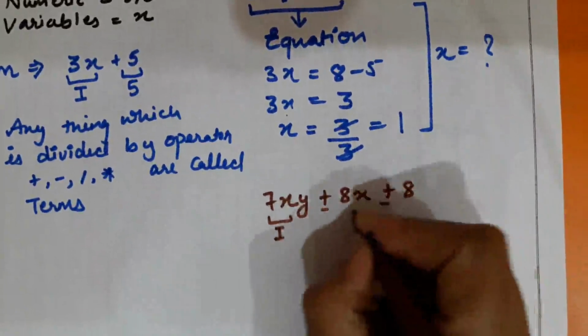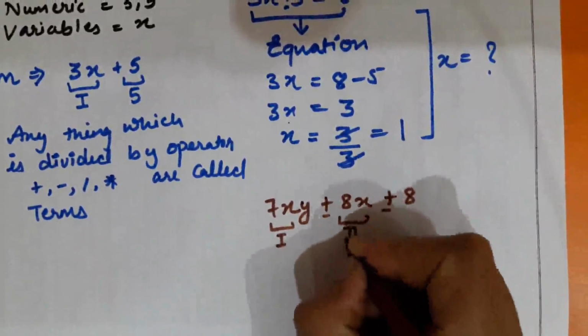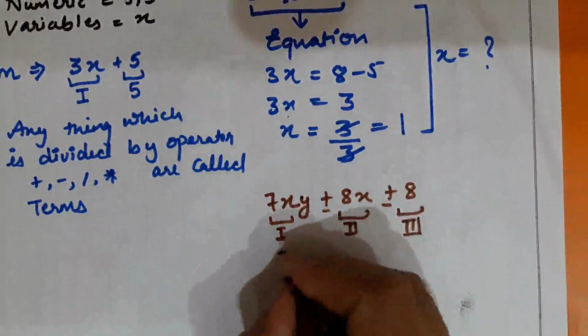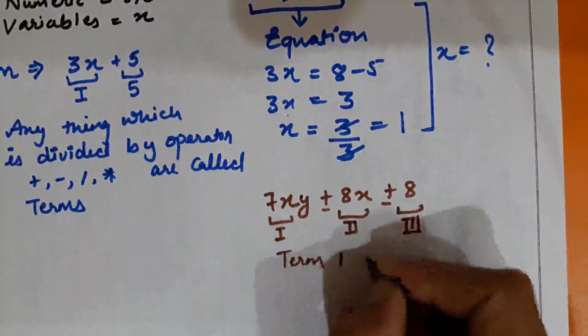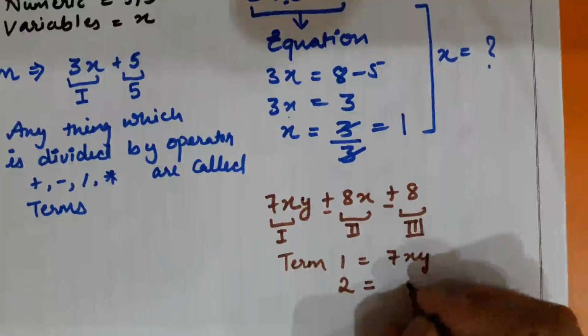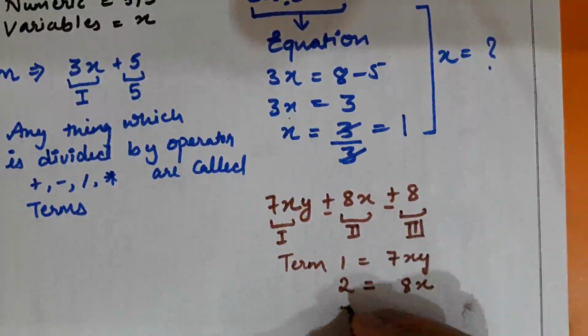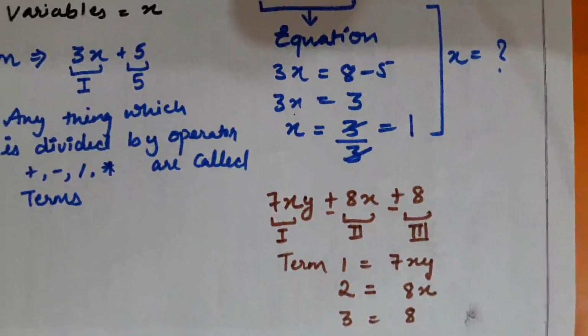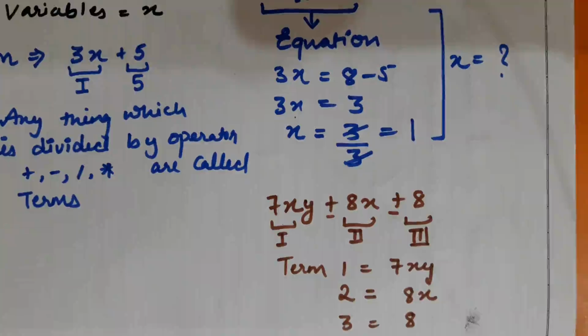First term, second term and third term. Term 1 is 7xy, second term is 8x, and third term is 8 here. Getting my point? What are terms here? Anything which is divided by the operator is called a term.